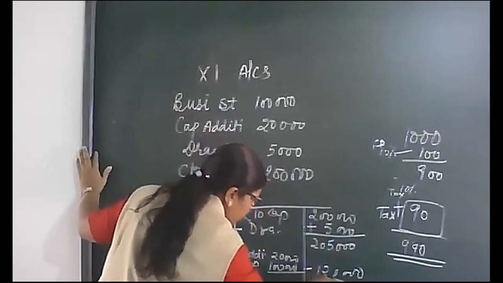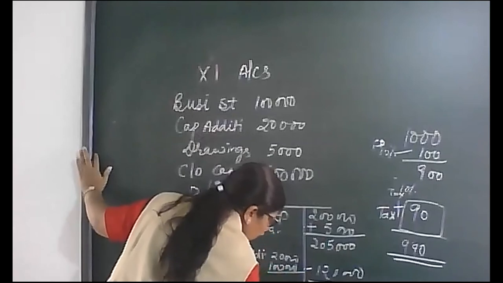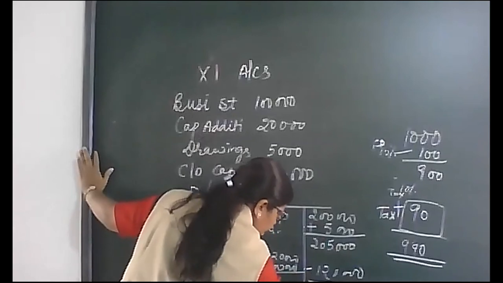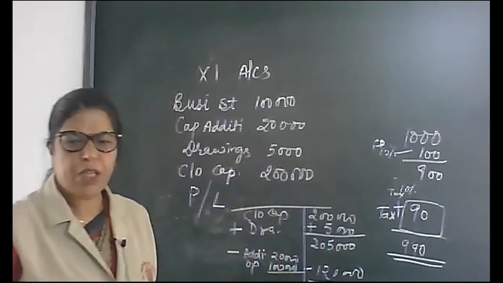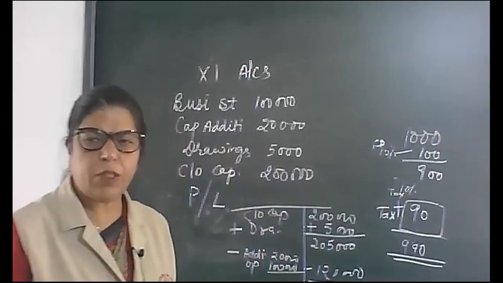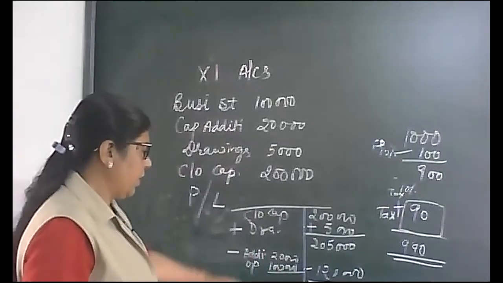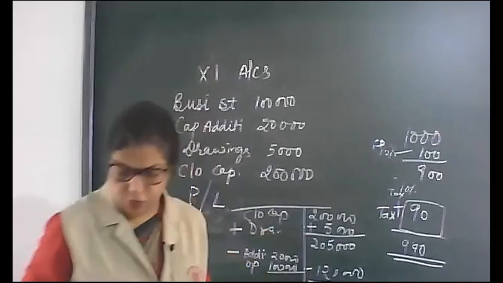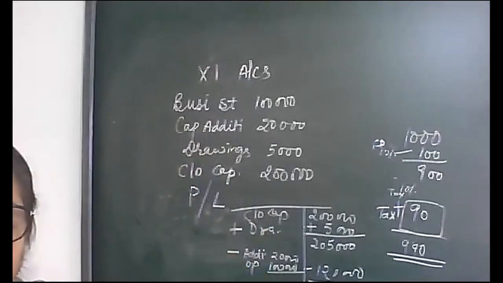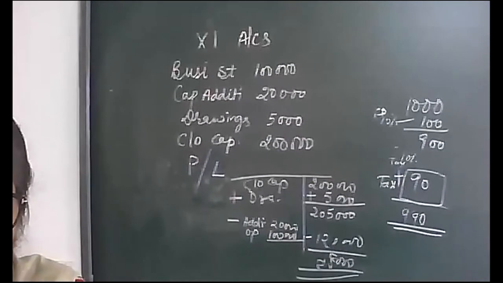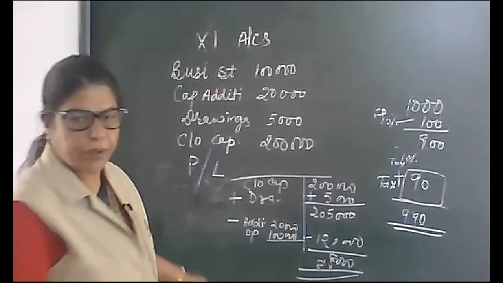That will be plus, that will be minus. Your answer will be 85,000. 85,000 rupees will be profit. 2 lakh 5,000 minus 1 lakh 20,000, and you will get 85,000 rupees as profit.